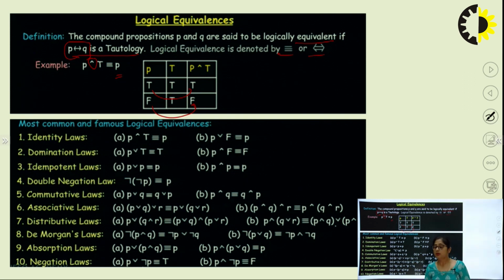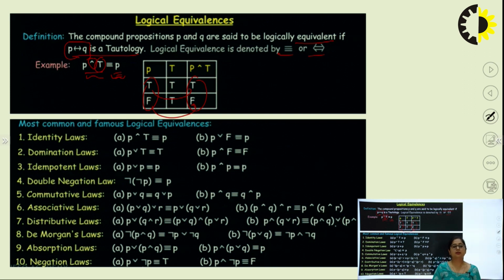So we can say that these two statements are logically equivalent, because this true doesn't affect the result. Here the P statement's result is similar to this statement, so these two statements are logically equivalent. So what are the basic logical equivalence laws for solving these types of equivalence?